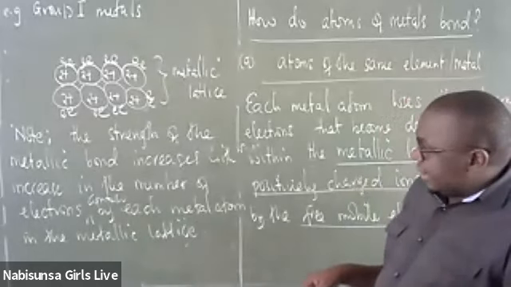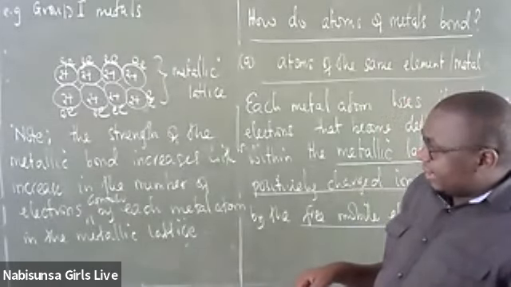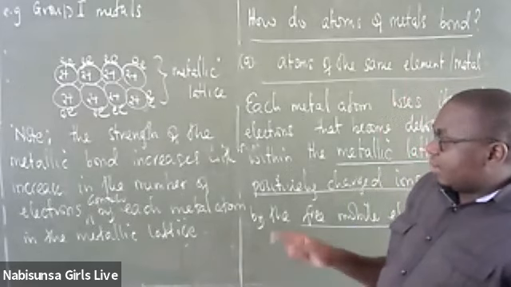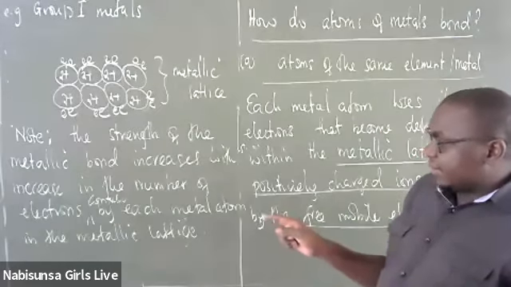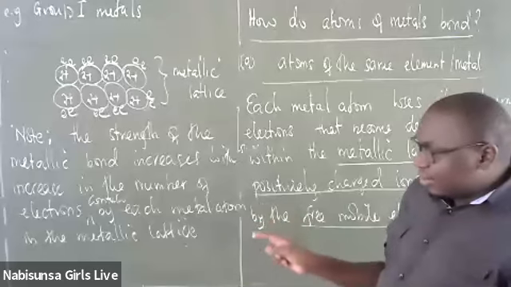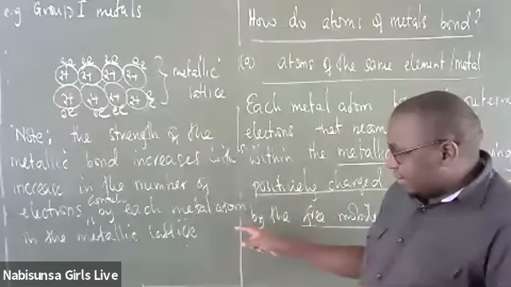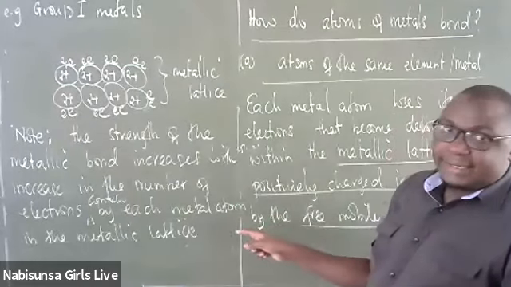I'm saying that the strength of the metallic bond increases with increase in the number of electrons contributed by each metal atom in the metallic lattice.